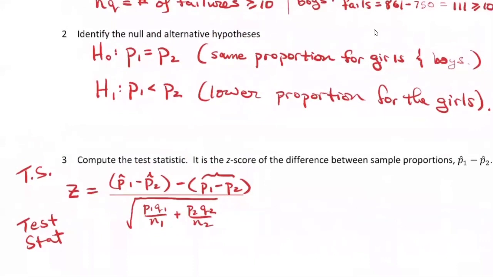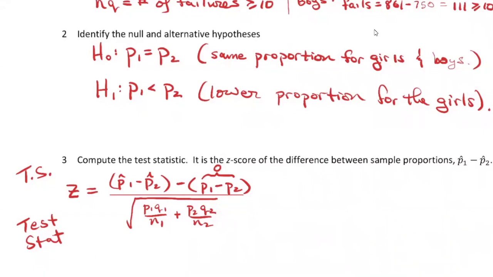So we will always put a 0 for the difference between P1 and P2. So that's the mean. The mean difference is the difference of the means. If we're assuming the means are equal, then the difference will always be 0. And the null hypothesis never changes for this test. The alternative hypothesis just changes from less than, greater than, or not equal.